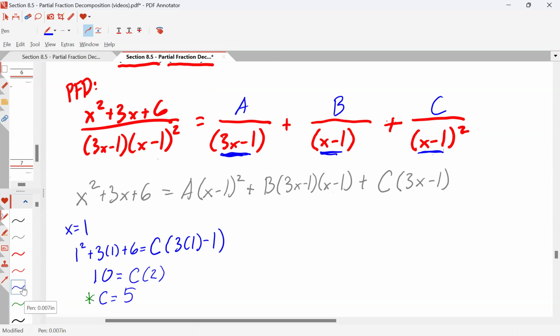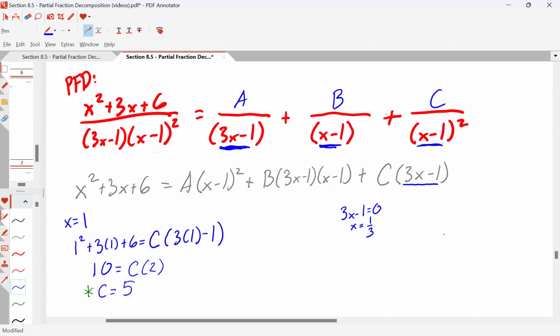The other nice value that would make things go away is the one that makes 3x minus 1 equal 0. 3x minus 1 equals 0, then x will equal 1/3. That is the other value we're going to use.